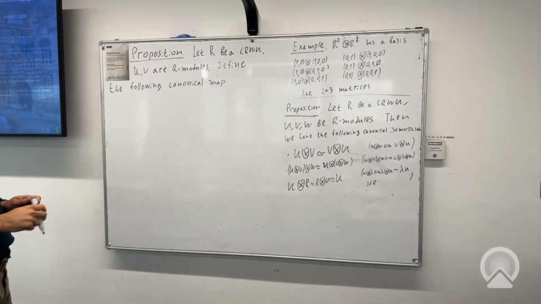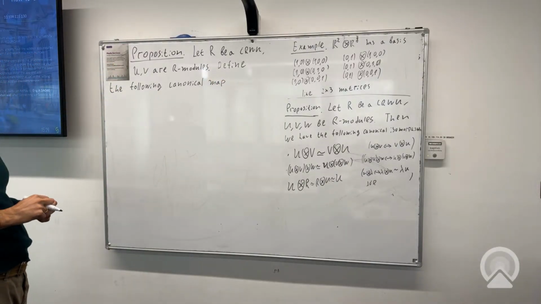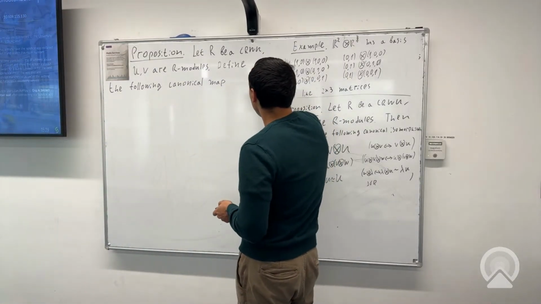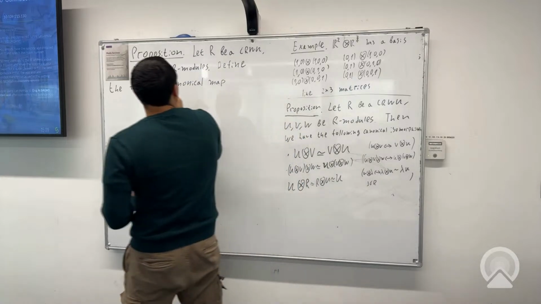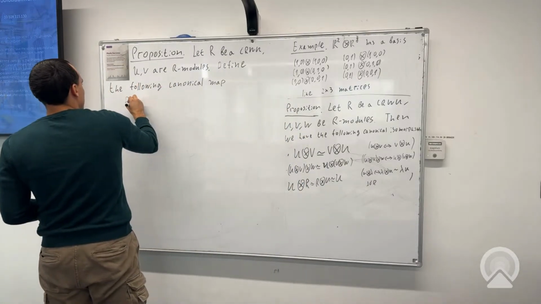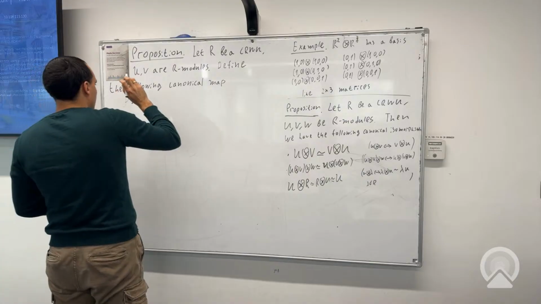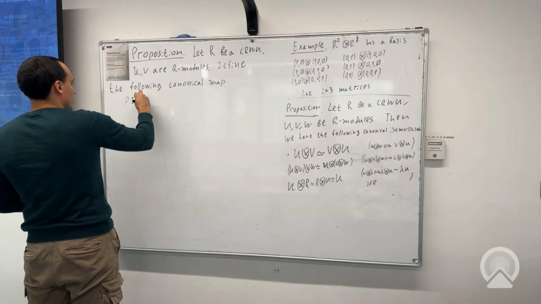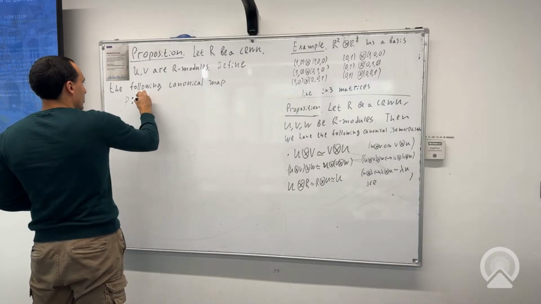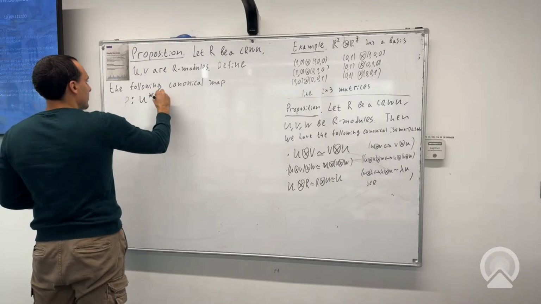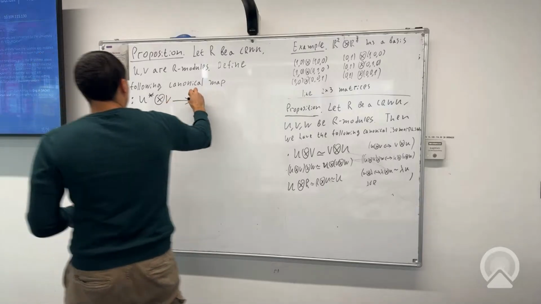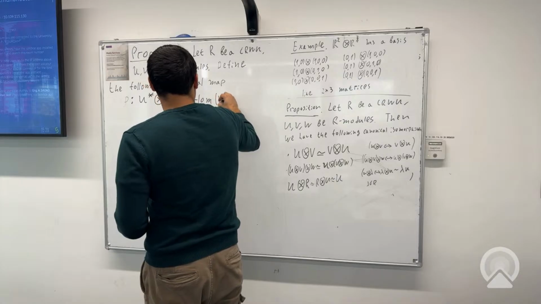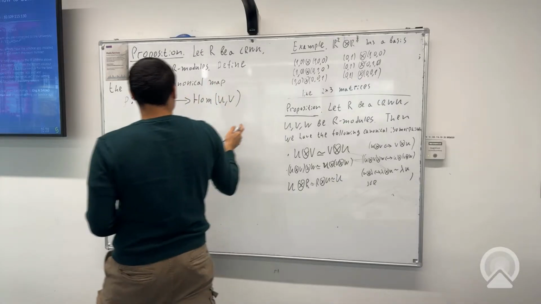How to call it? I thought about it and I didn't decide, but let's call it rho. I don't know. A rho from U star tensor V to the space of linear maps as follows.